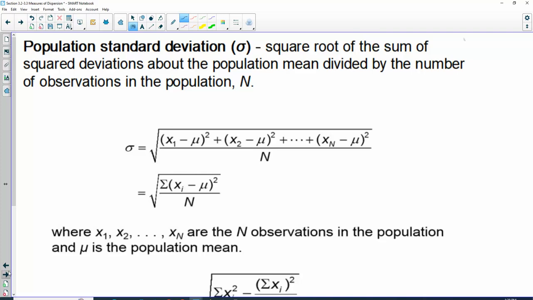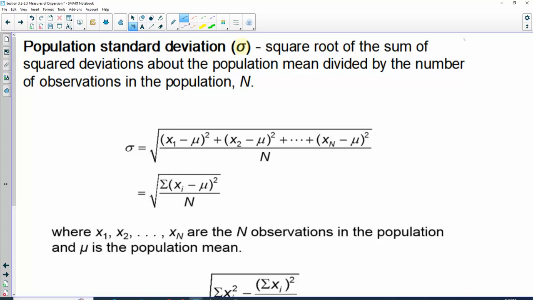So our population, just like with mean, we have different variables if we're talking about a sample or a population. Population, that's a Greek letter, it's called sigma. So you can find it by doing each value minus the mean, and squaring it.